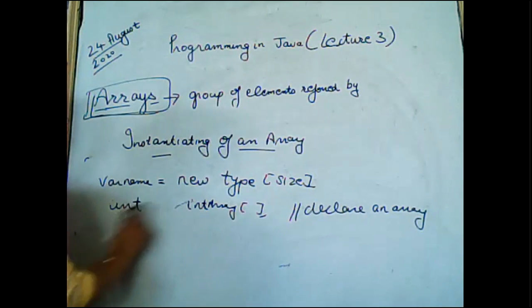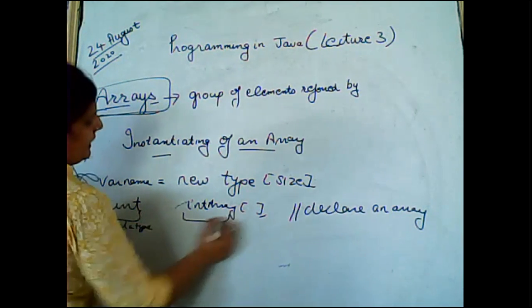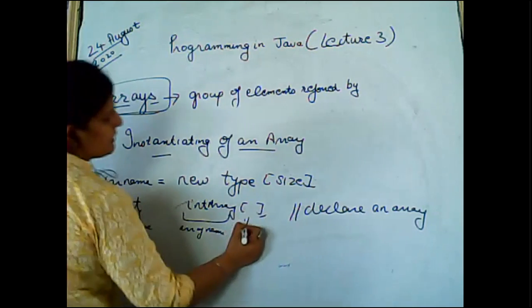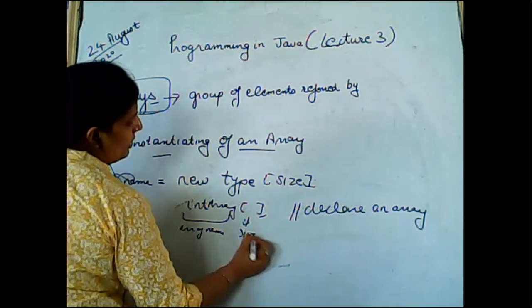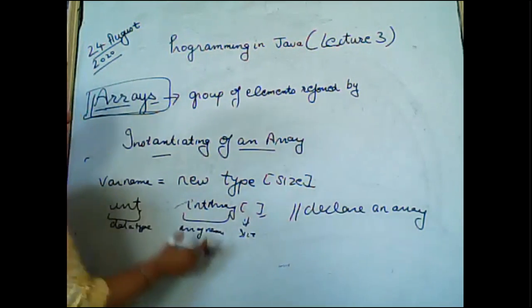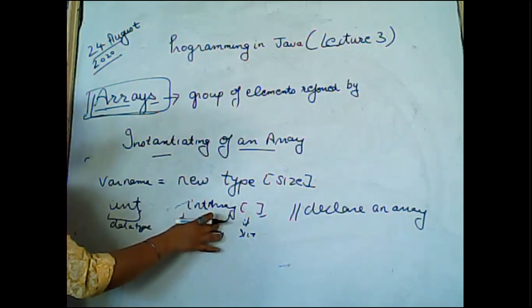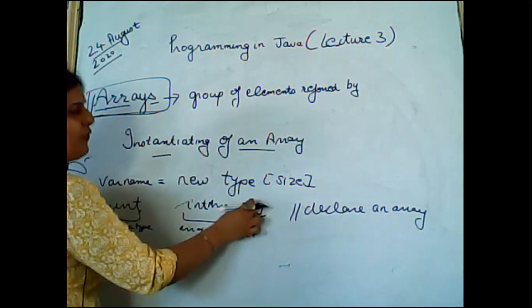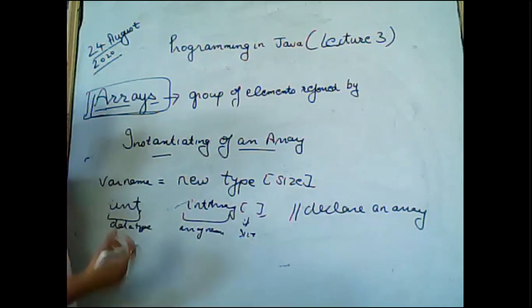So int represents the data type. This is your array name. And this will represent your size over here. Or it is depicting that this particular variable name is the type of an array. So we can fill in the size later on as we require.